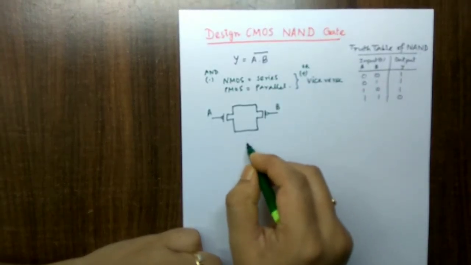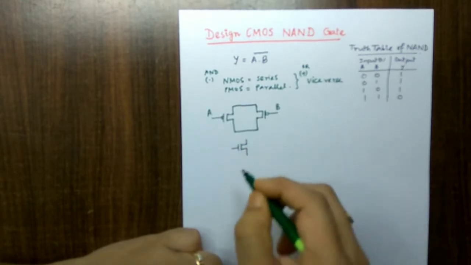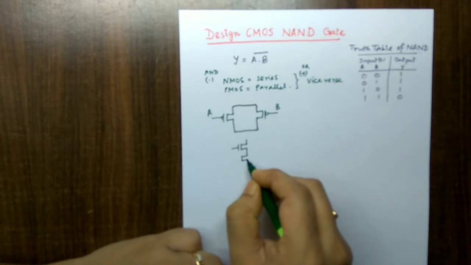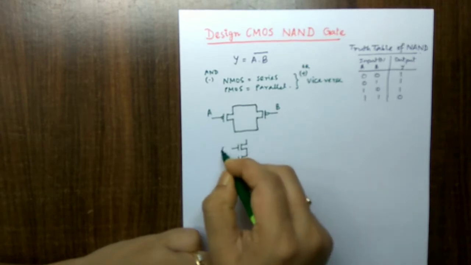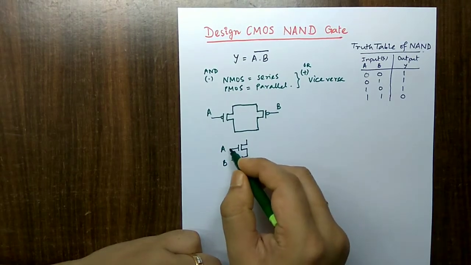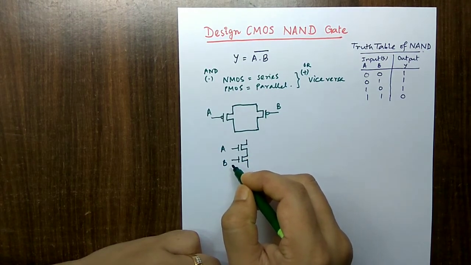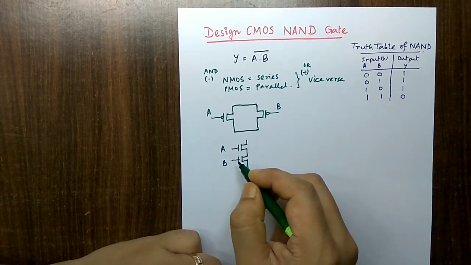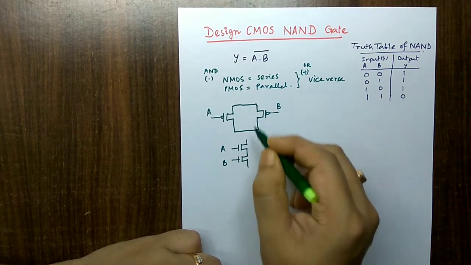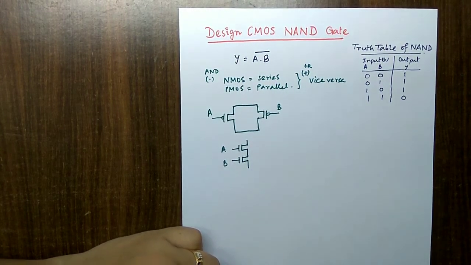Here will be one NMOS and the other NMOS will be connected in series with the earlier NMOS. That means if it is NMOS A, then it should be NMOS B, or if you draw B here, then you can mention this transistor as A. The whole thing is the same. Now this circuit is incomplete until we make the connections.